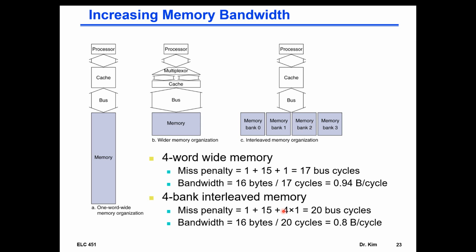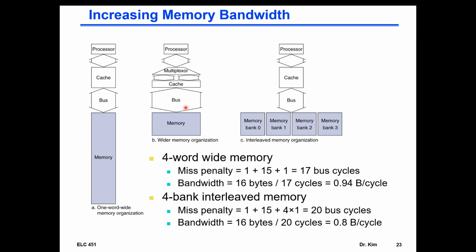But then it's taking me 4 cycles to transfer each word because I have a narrow bus. So the miss penalty in this case is 20 bus cycles for 16 bytes. So the bandwidth is 0.8 bytes per cycle.